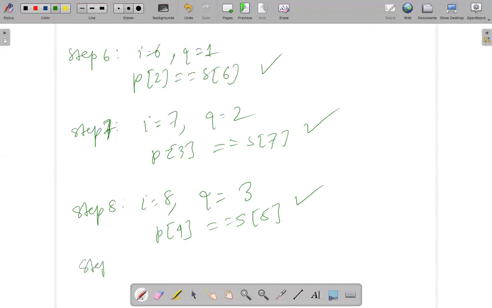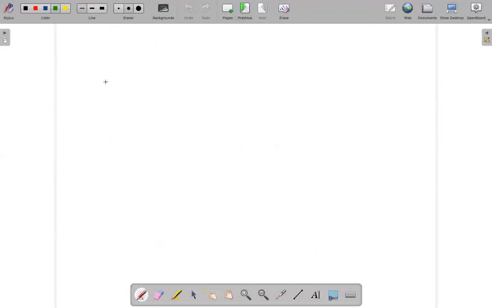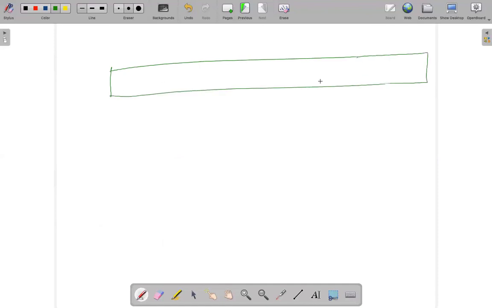Step 9, I equals 9, Q equals 4. Now you compare P5 with S9 and again this is a match. At this point, the status of the two strings are as follows.